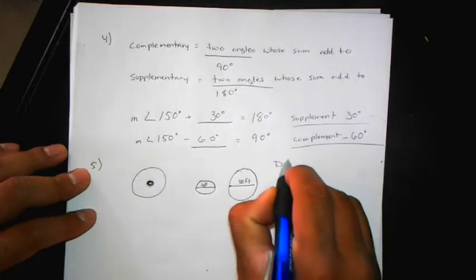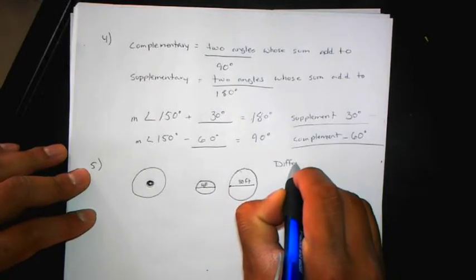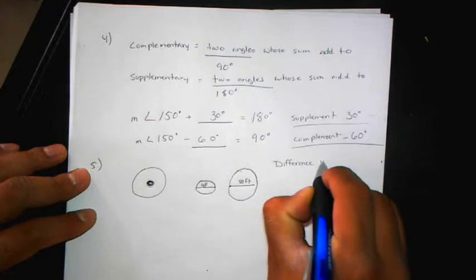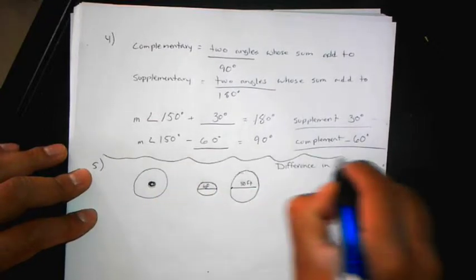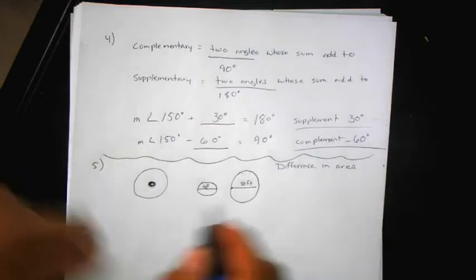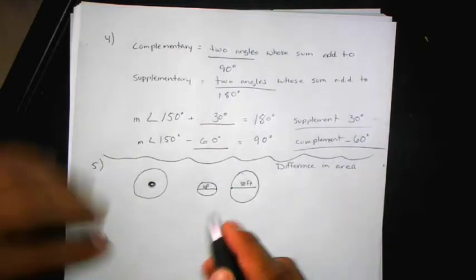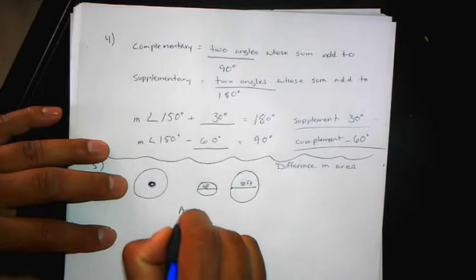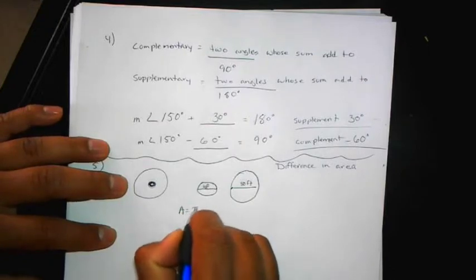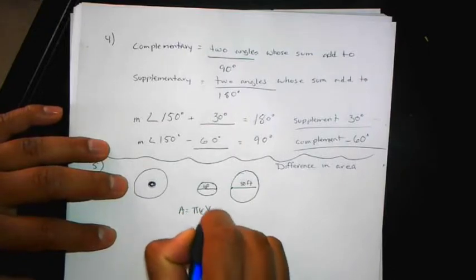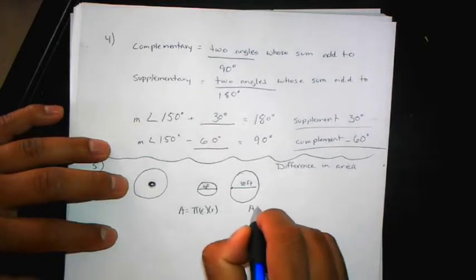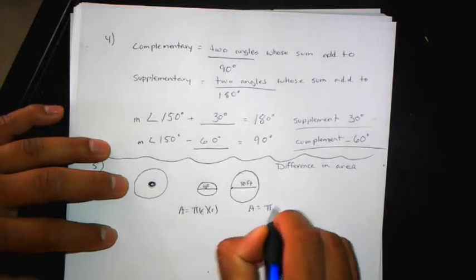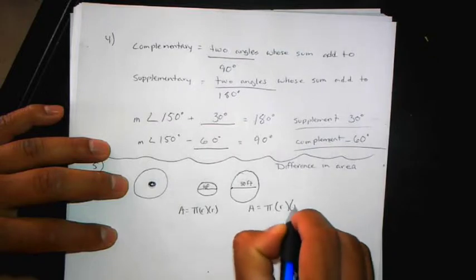So I'm looking for the difference in area. I'm not looking for circumference. And I know that the area equals pi times radius times radius. On the other side, area equals pi times radius times radius.